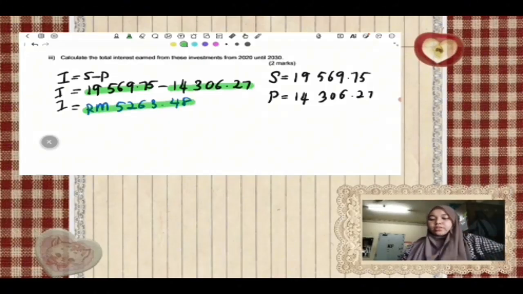So this is our total interest earned. This means Edry earned 5,263 ringgit 48 cents in interest over the 10-year period. This value represents the total interest from both funds combined after compounding and reinvesting his contributions.